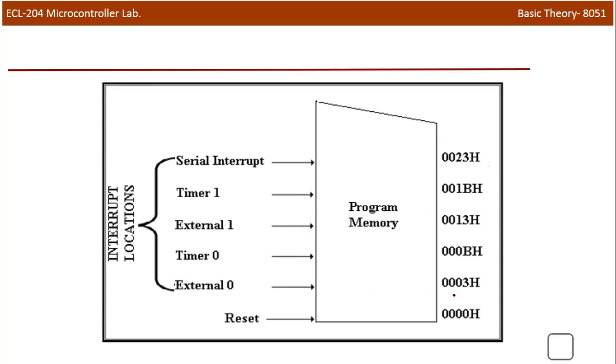For external interrupt 0, the location allocated is 0003H; timer 0 is 000BH; external interrupt 1 is 0013H; timer 1 is 001BH; and serial interrupt is 0023H.